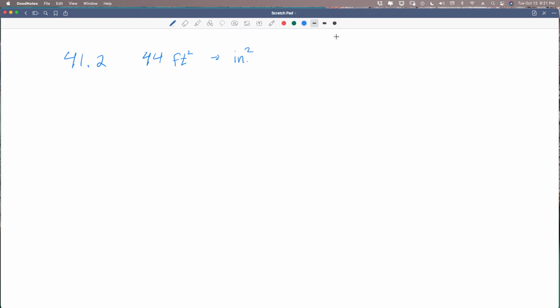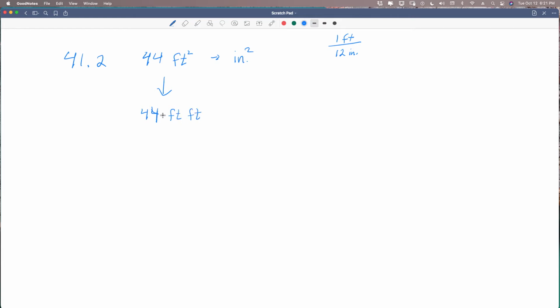So we need our unit of reference. 1 foot is the equivalent of 12 inches. So now we're going to bring this down. We're going to write 44. And what we're going to do is recognize that we have feet 2 times. Right? This is a variable, and we're going to put all of our factors out in a row. So we have feet and we have feet.